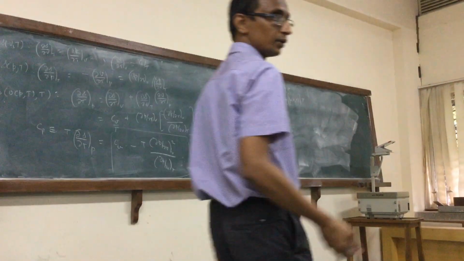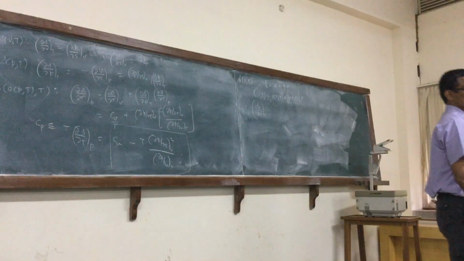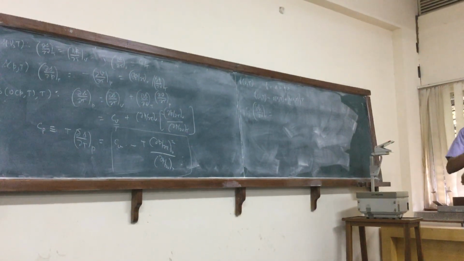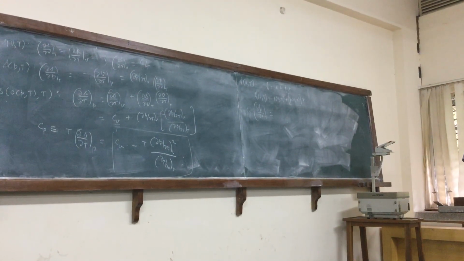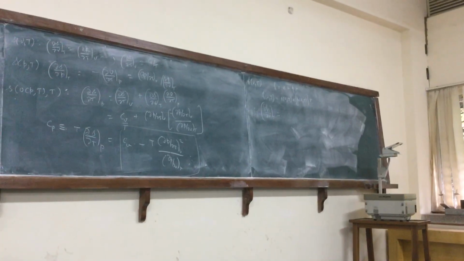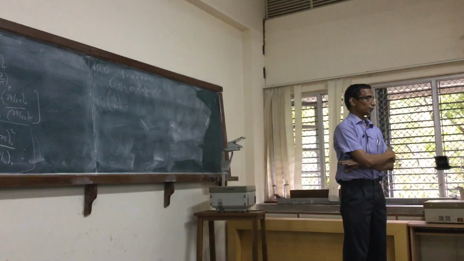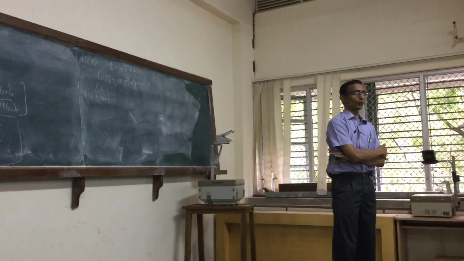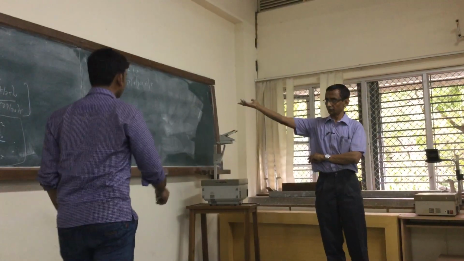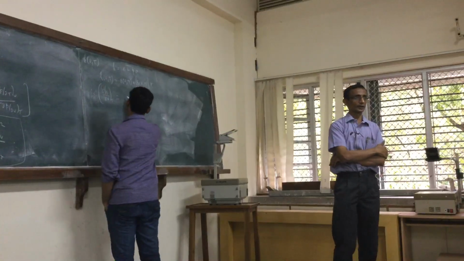Come to the board, yeah, please. So everything is a function of volume and temperature. I'm going to differentiate with respect to volume, keeping temperature fixed. So differentiate term by term. That's all. There's nothing to it.